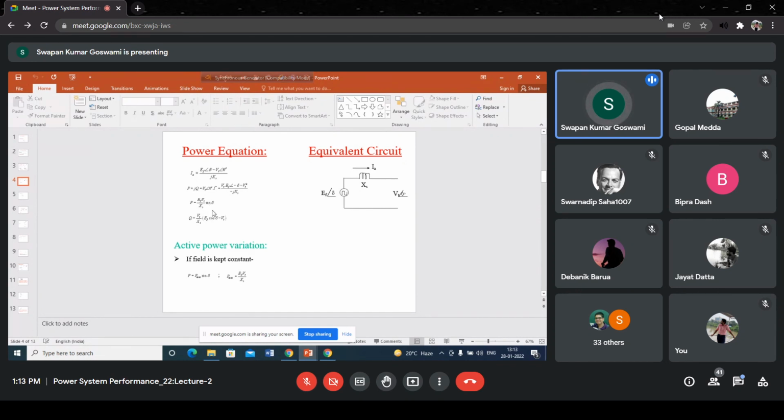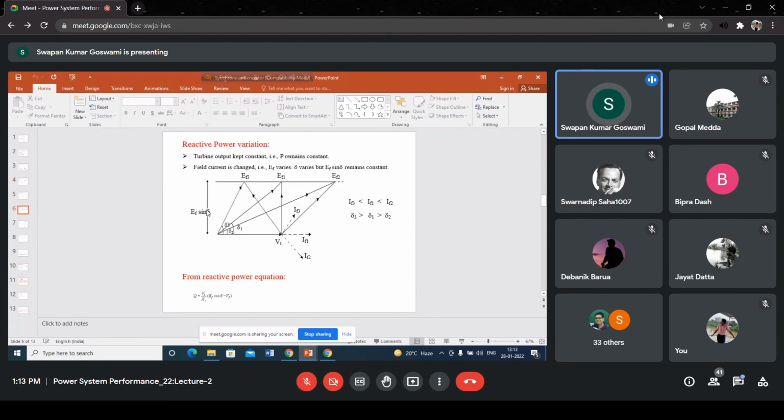Okay, EF sine delta part has to be kept constant. So we shall be changing EF cosine delta, but the EF sine delta part has to be kept constant. Obviously, there will be some variation in delta, there will be some variation in EF, but EF sine delta, this part will be kept constant.